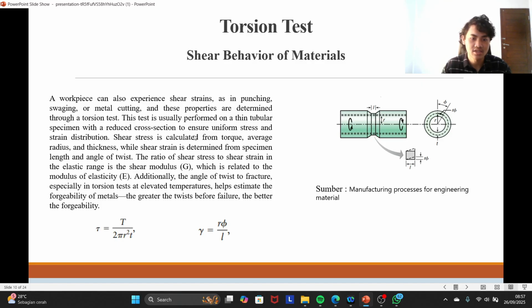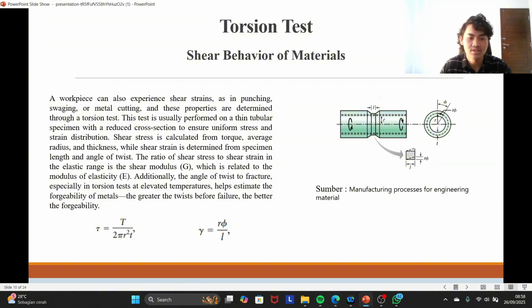Shear stress is calculated from torque, average radius, and thickness, while shear strain is determined from specimen length and angle of twist. The ratio of shear stress to shear strain in the elastic range is the shear modulus G, which is related to the modulus of elasticity.